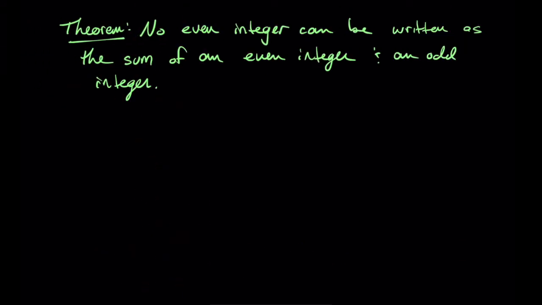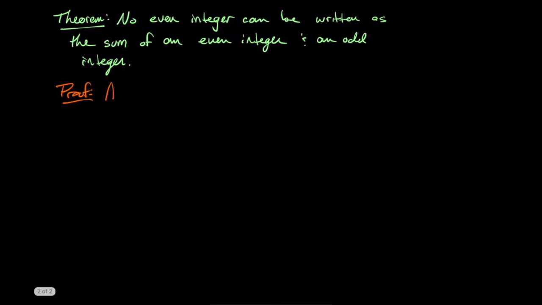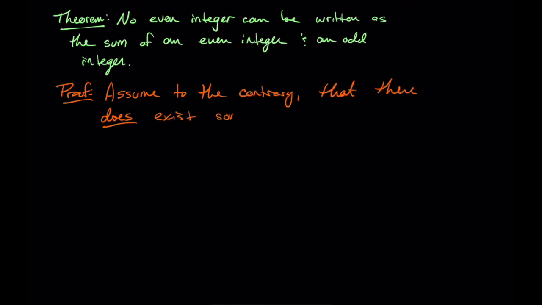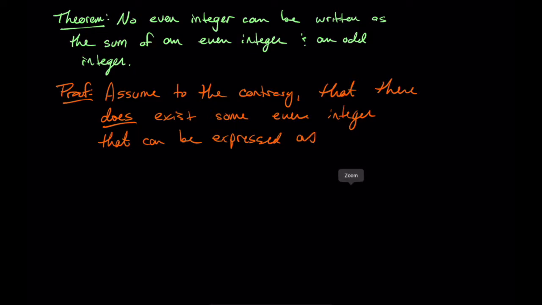Secondly, no even integer can be written as the sum of an even integer and an odd integer. So again, we're going to assume to the contrary that there is some even integer that can be written as the sum of an even integer and an odd integer.